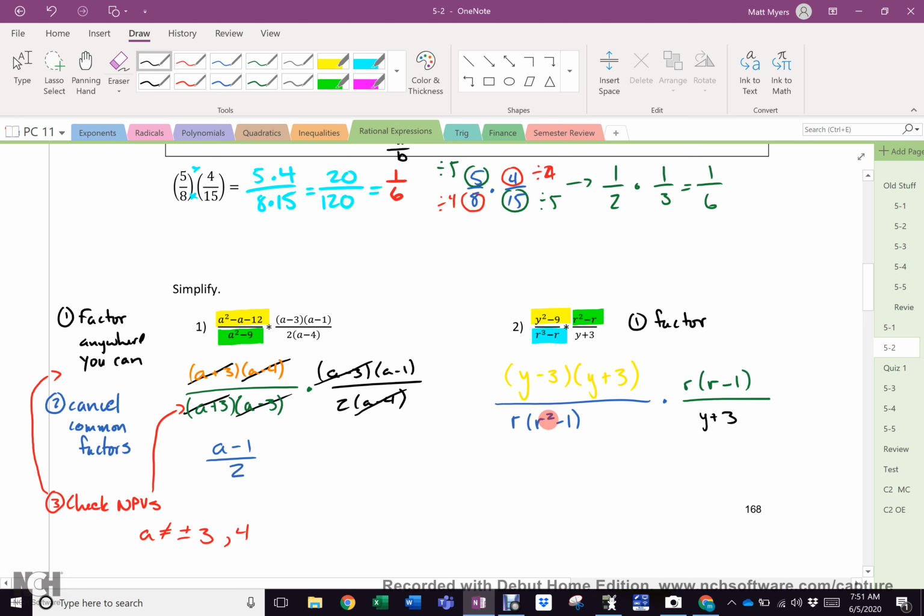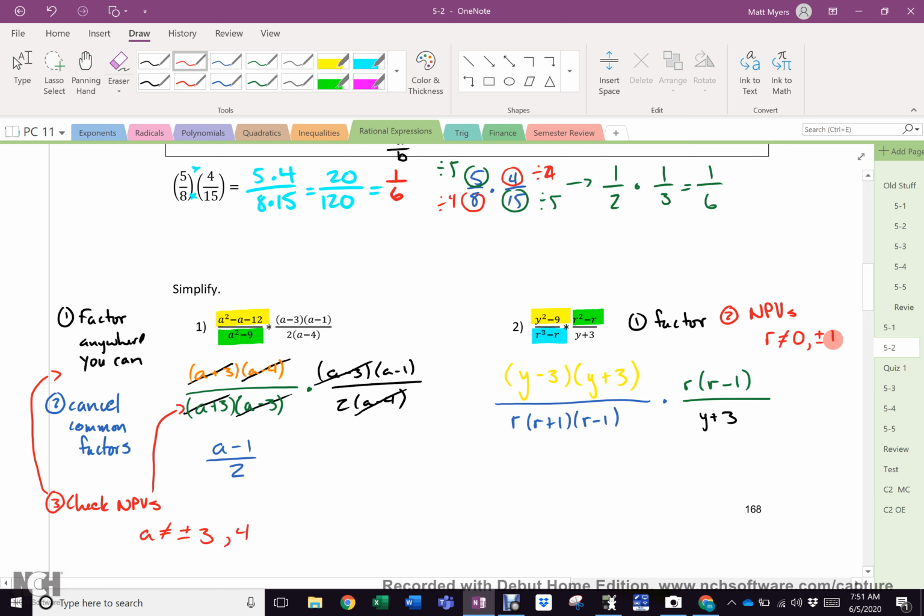Now, this factors again to r plus 1, r minus 1. So now, 2, we do our NPVs. So r cannot equal 0, because if that r was 0, everything would be 0.